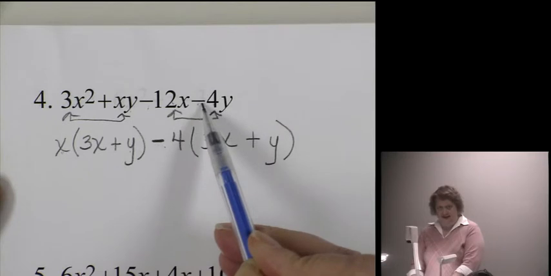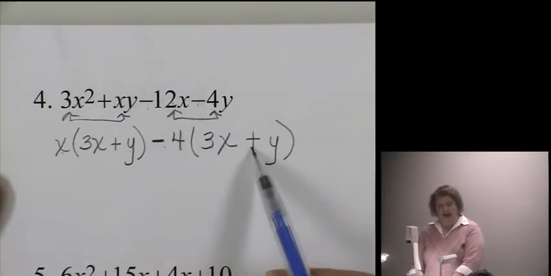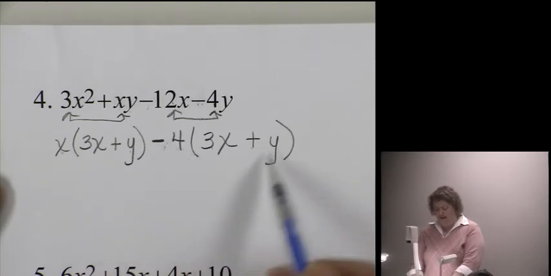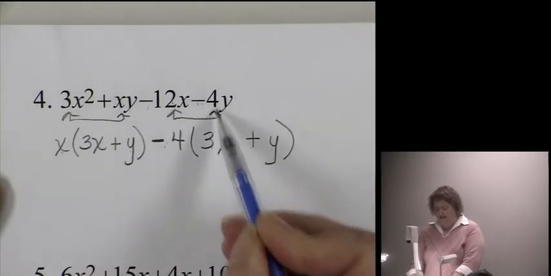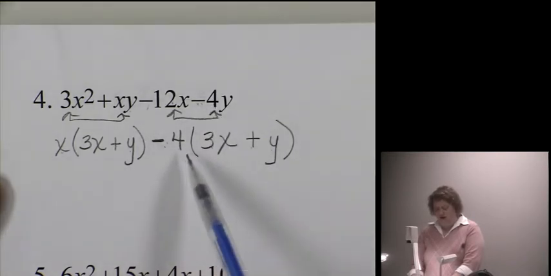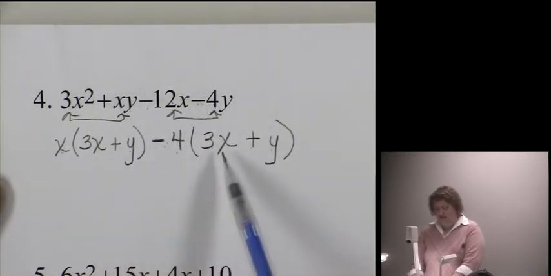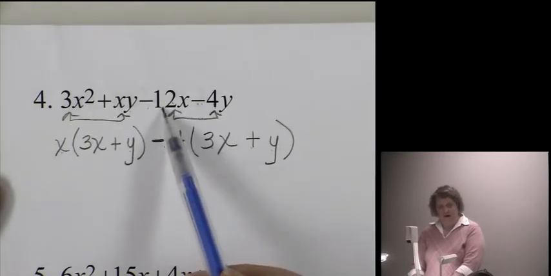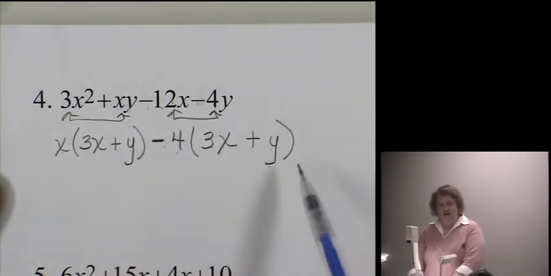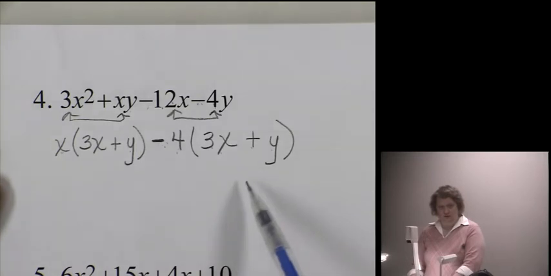And since that's a negative, that's going to make that a positive, because negative 4 times a positive y gives me a negative 4y that multiplies back to be what I need it to be. Here, a negative 4 times a positive 3x gives me back the negative 12x that I need it to be here. So it forces the algebra to work.